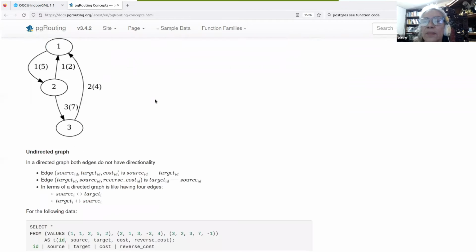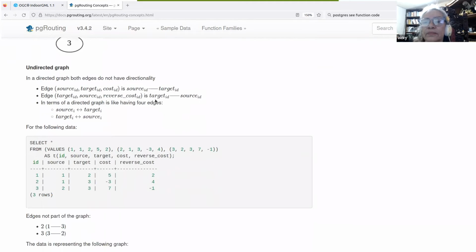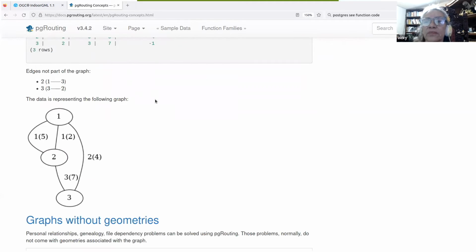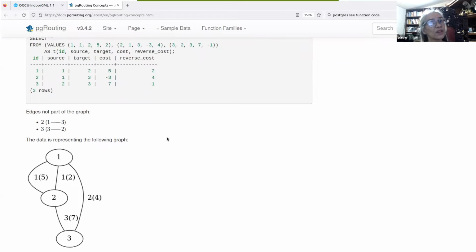With this same data, but with an undirected graph, we're basically removing the arrows that were on the other graph.